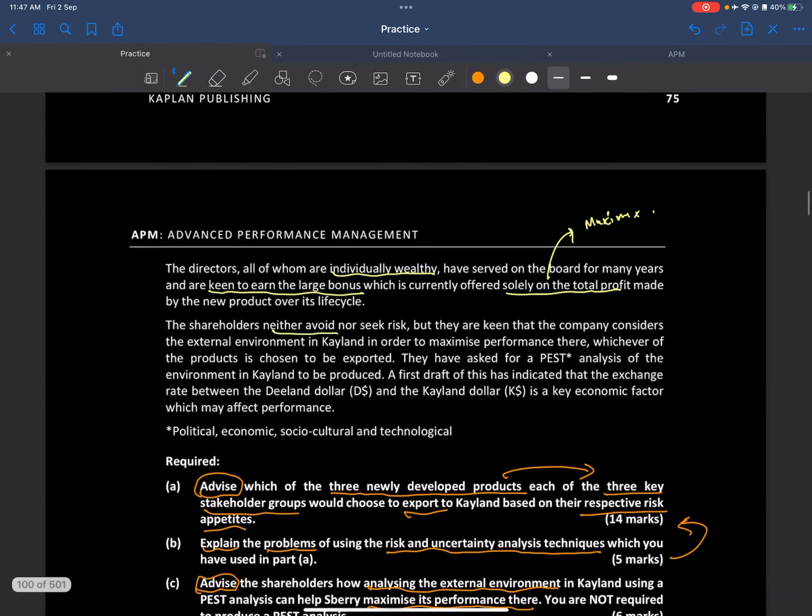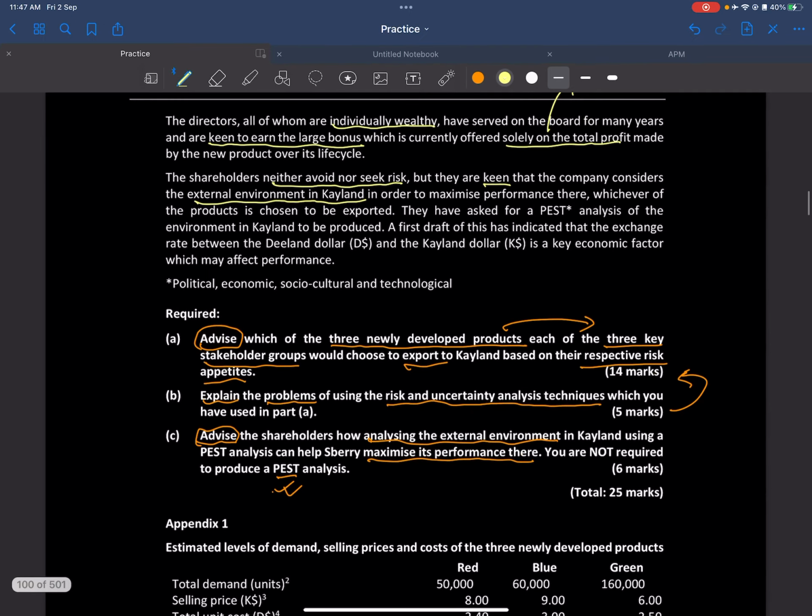Shareholders neither seek nor avoid risk, but they are keen that the company considers the external environment in K-land in order to maximize performance there, whichever product is chosen to be exported, right?